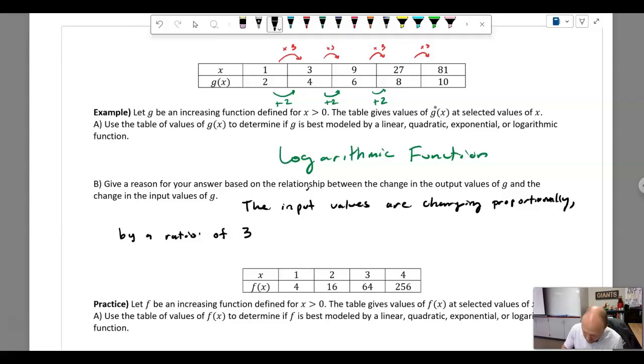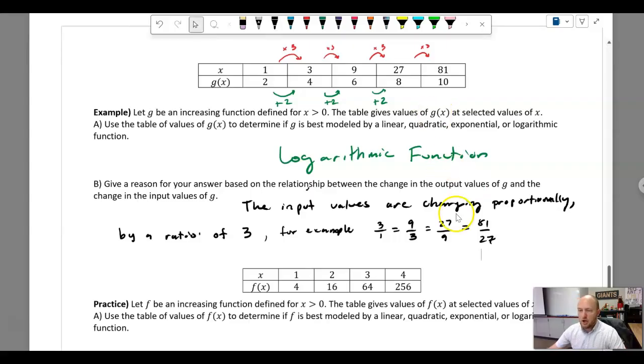So I'm going to say also here, for example, 3 divided by 1 is equal to 9 divided by 3, which is equal to 27 divided by 9, which is equal to 81 divided by 27.